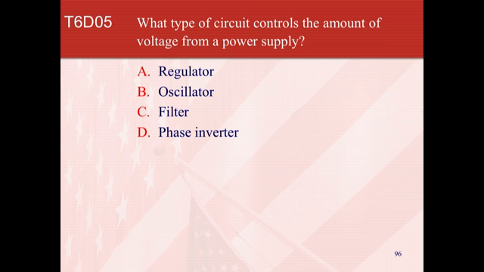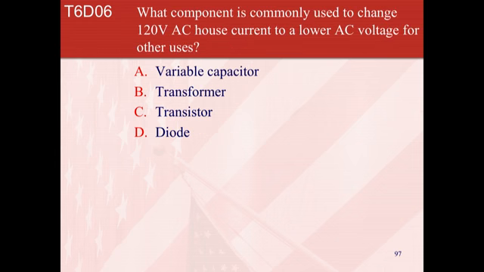What type of circuit controls the amount of voltage from a power supply? That would be a regulator. What component is commonly used to change 120 volt AC house current to a lower AC voltage for other uses?